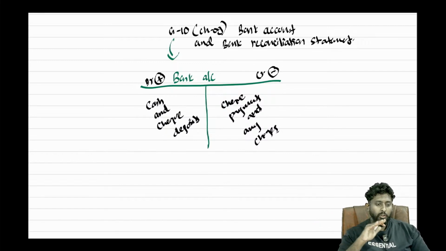For example, there is a purchase journal and then a purchase account, a sales journal and then a sales account. However, for the cash book and bank account, we don't have a cash book and a cash account, or a bank account and another bank account, because it is the same. The cash book is the prime entry book as well as the ledger account. That's why we call it a dual function.